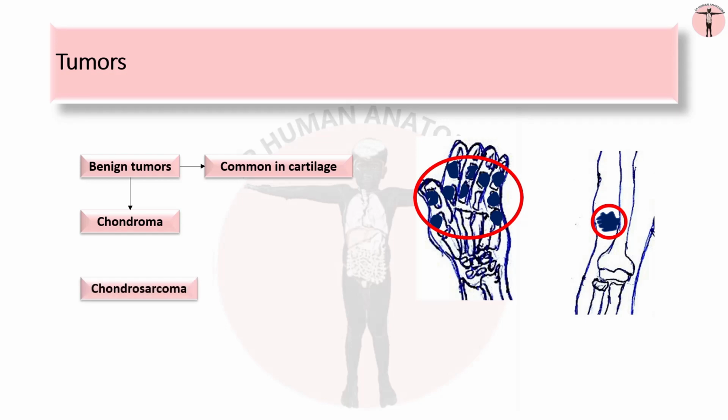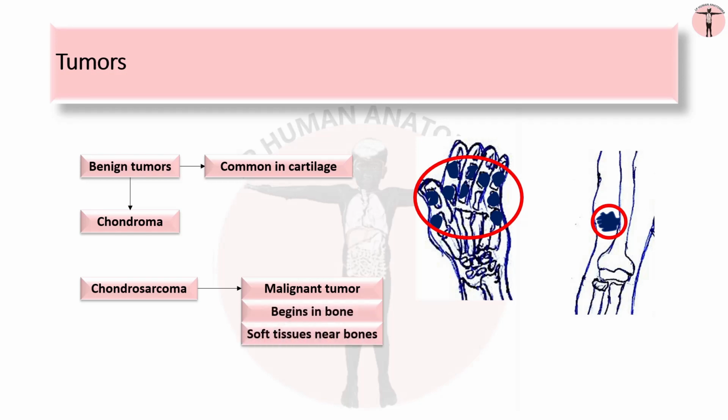Chondrosarcoma is a rare type of malignant tumor or cancer that usually begins in the bones but sometimes occurs in the soft tissue near the bones. Chondrosarcoma is most often seen in the pelvis, hip and shoulder, and more rarely in the bones of the spine.